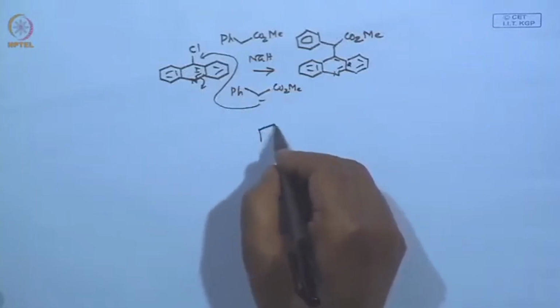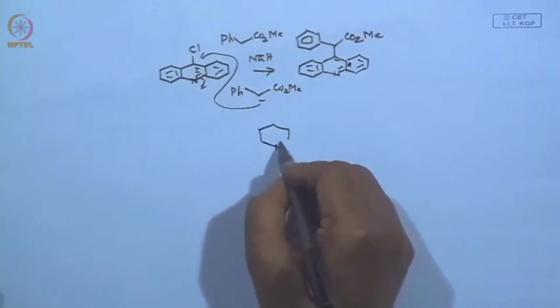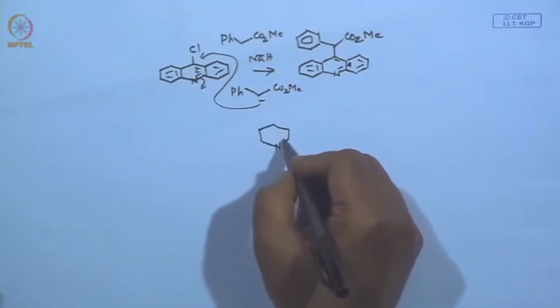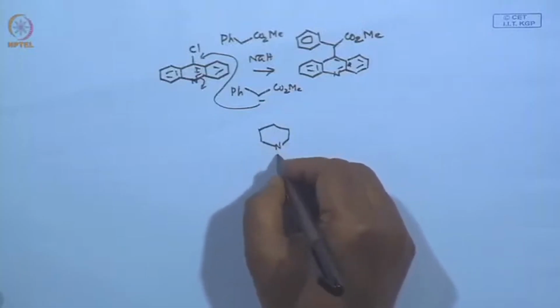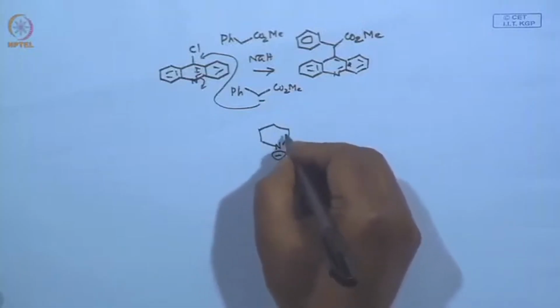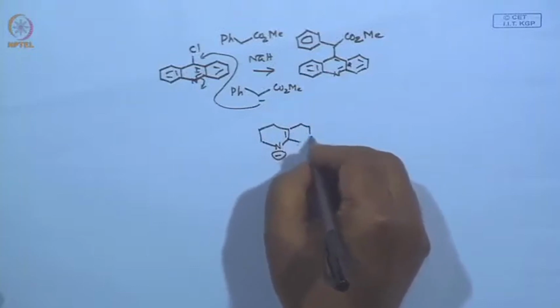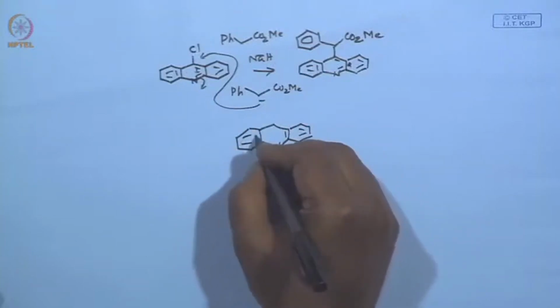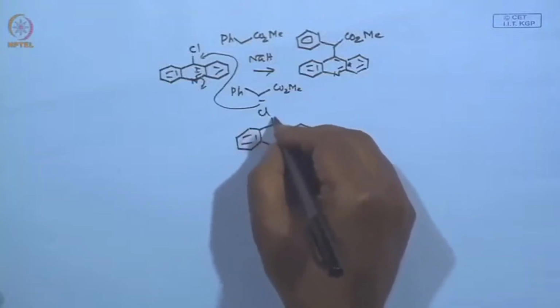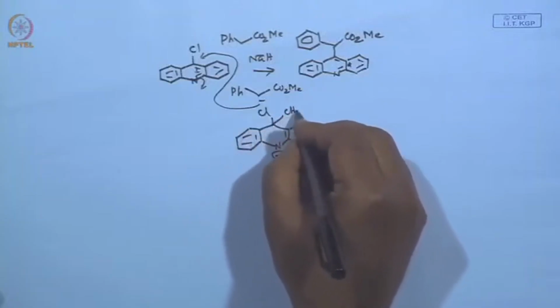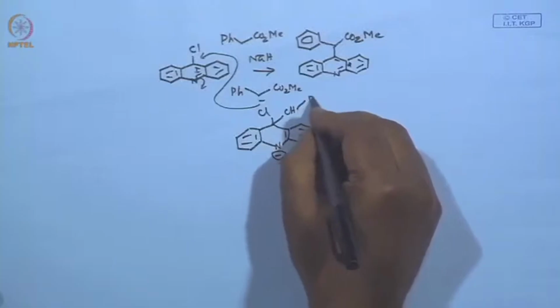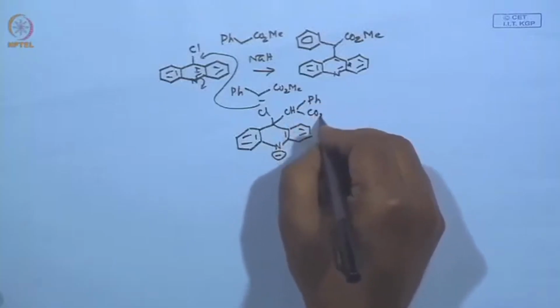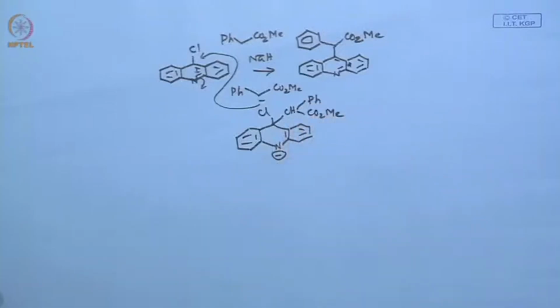So, eventually what you will get is a reaction reminiscent of a Schiff's base. Negative charge is produced, and you will have an addition product: Cl, CH, then phenyl and CH, the methyl ester, right?